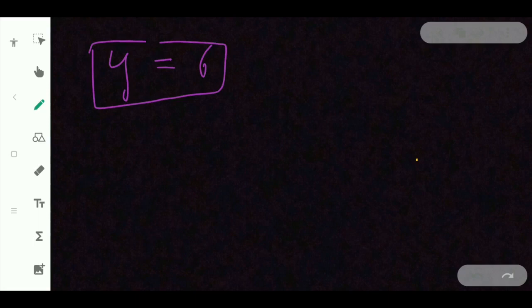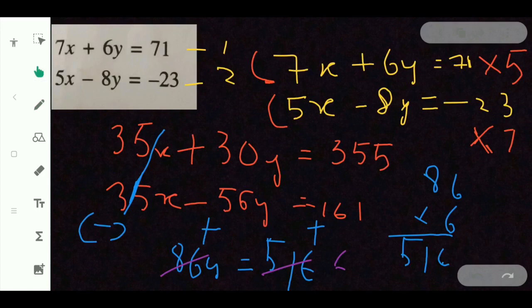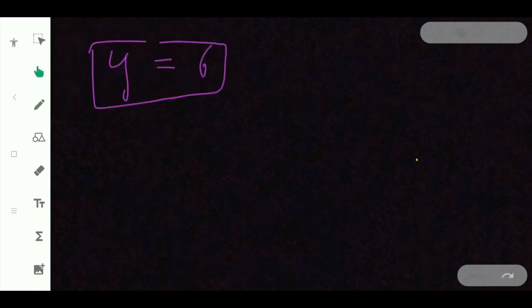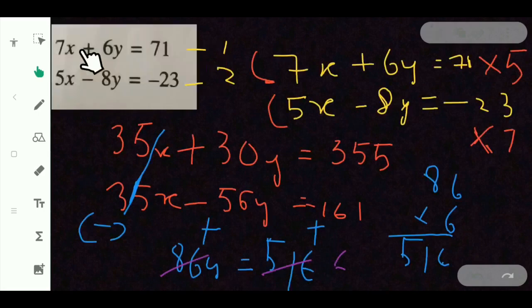Now to find the value of x, we should substitute the y value in any of the equations. We can substitute it in any of the equations. So I am substituting it in the second equation, that is 5x minus 8y is equal to minus 23.